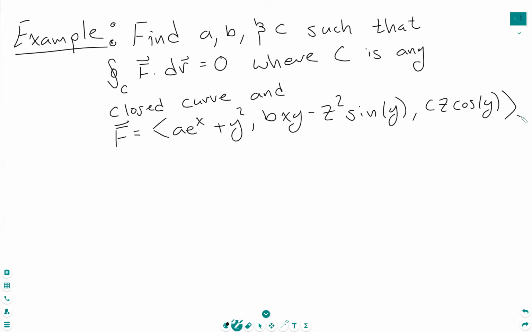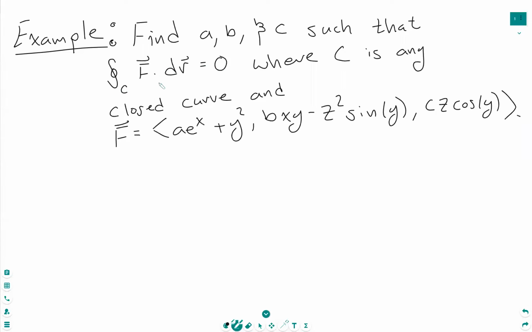Okay, so this doesn't say anything about F needing to be conservative, but we know that for this line integral over any generic closed curve, the only way for this to be 0 for any arbitrary closed curve is that F is a conservative vector field. We learned that last time.